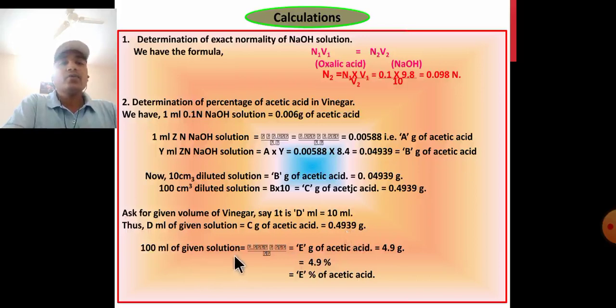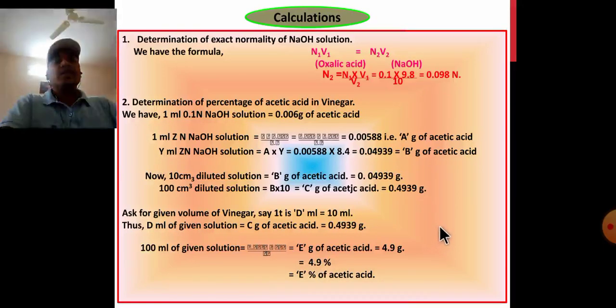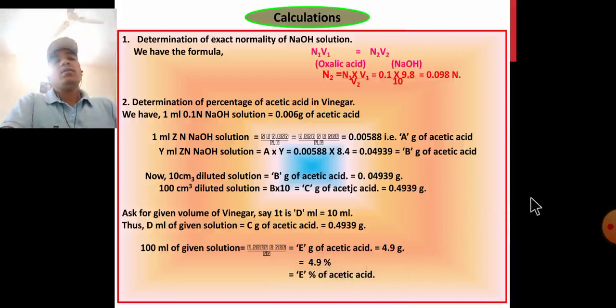So 100 ml of given solution is equal to 100 × C divided by the volume of the solution, E gram of acetic acid, that is 4.9 gram. That is 4.9 percentage of acetic acid in the vinegar, nearly 4 to 5% acetic acid in the sample of vinegar.